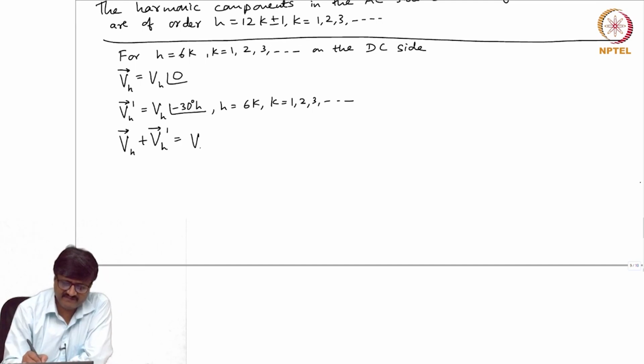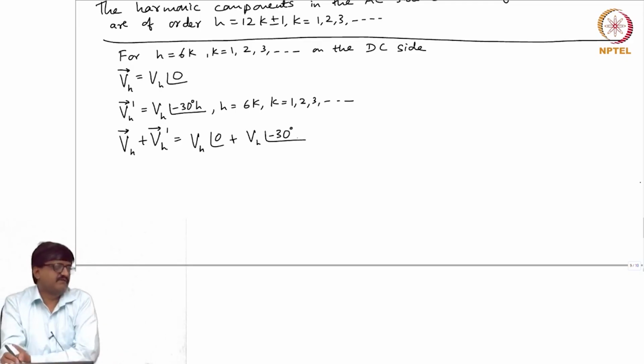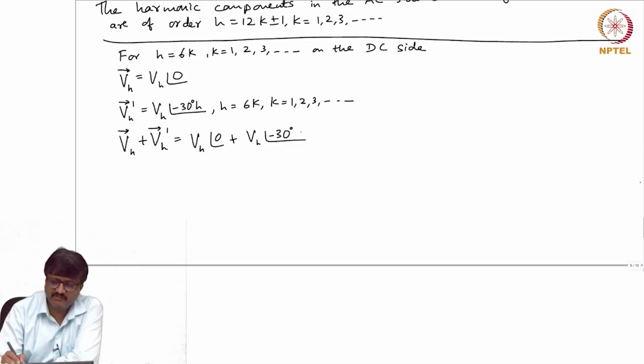VH is VH at an angle 0 and VH prime is VH at an angle minus 30 degree into H. Now, we know that H is equal to 6k, so k is equal to 1, 2, 3, and so on.